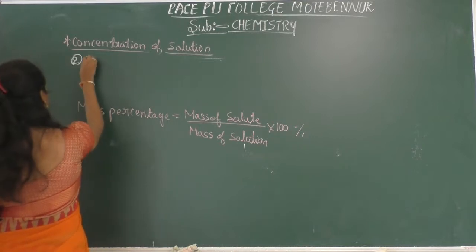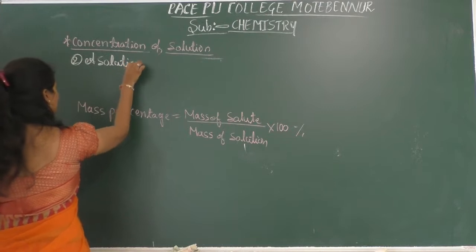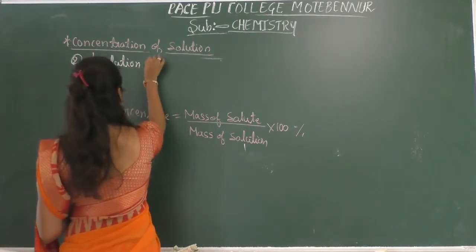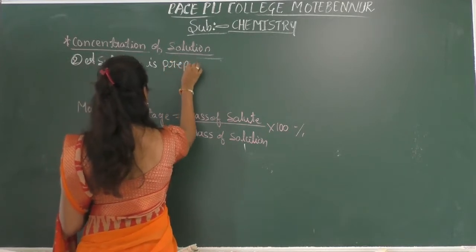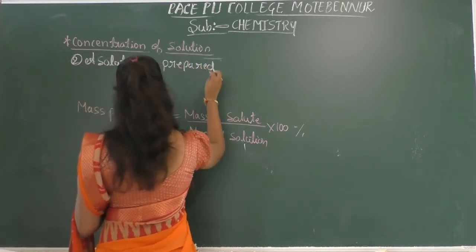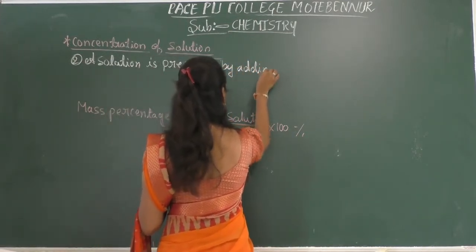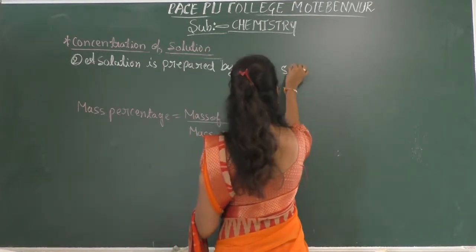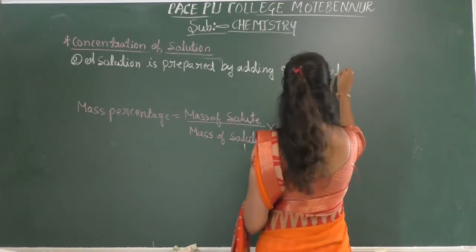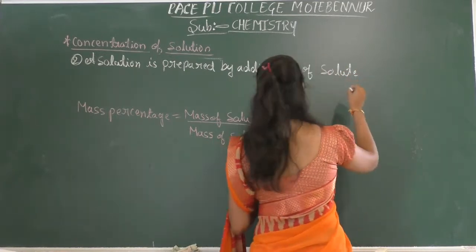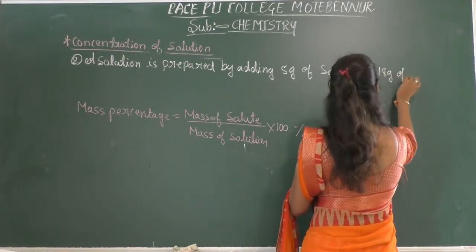A solution is prepared by adding 5 grams of solute to 18 grams of water.